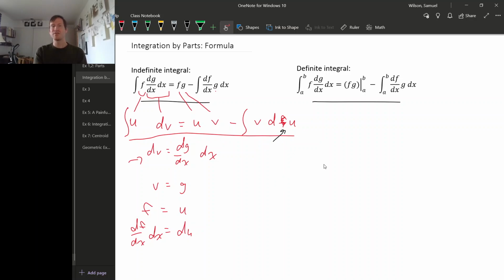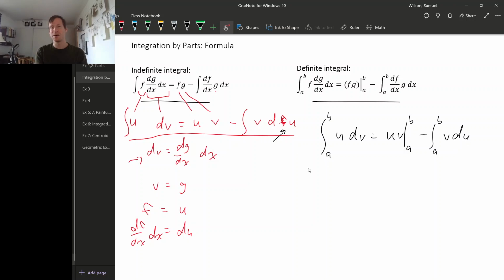It works out the same for definite integrals. If you have a definite integral of f times dg dx, then you get, so integral from a to b of u dv equals u times v with your bounds minus integral from a to b of v times du.